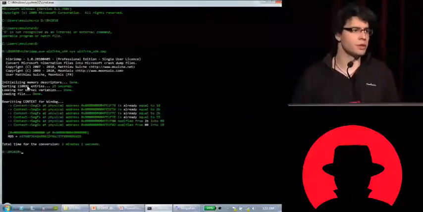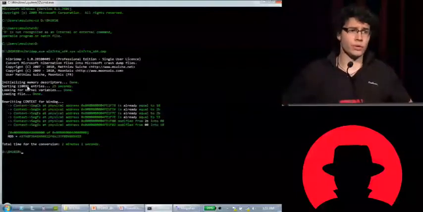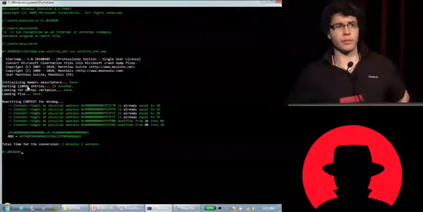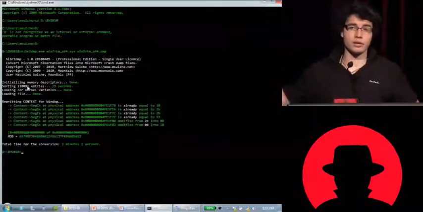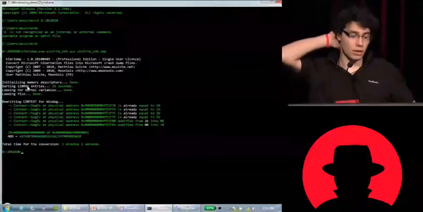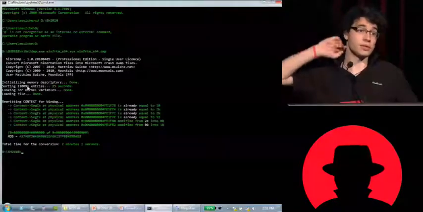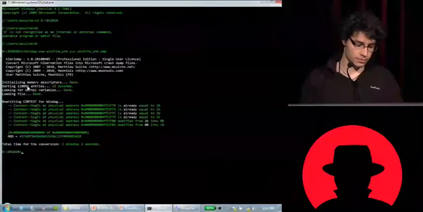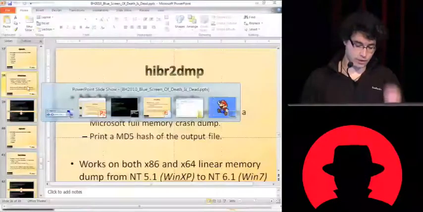There is also one thing with Volatility. Actually, it only works with Windows XP SP2 and Windows XP SP3, if I remember correctly. In this case, as you can see, it's a Windows 7 64-bit edition hibernation file. So I'm not really stuck by this.